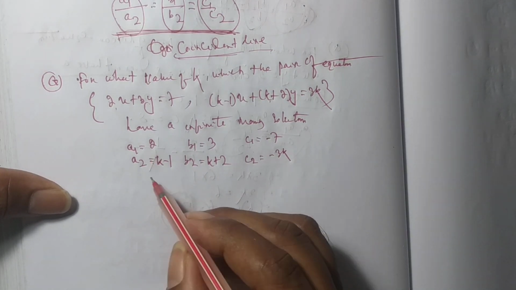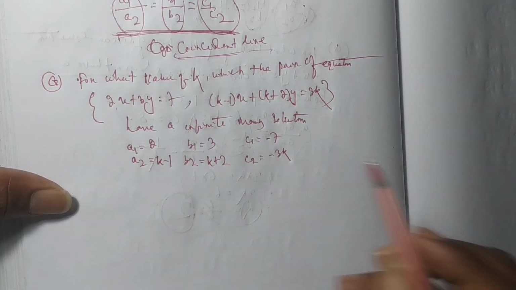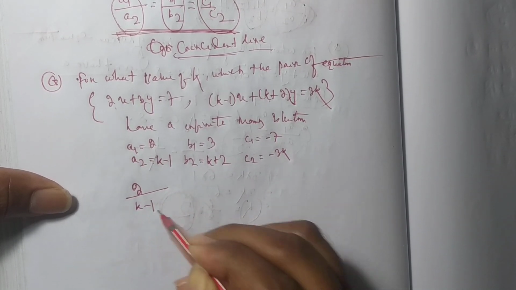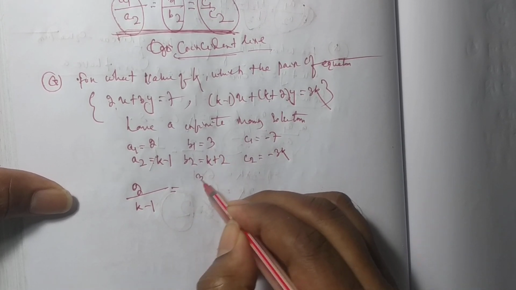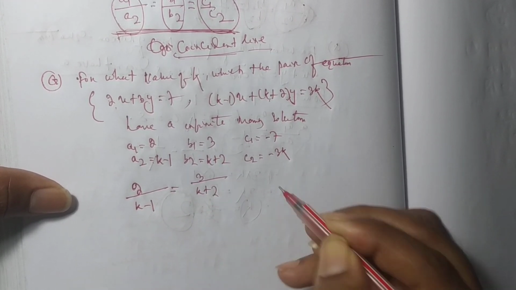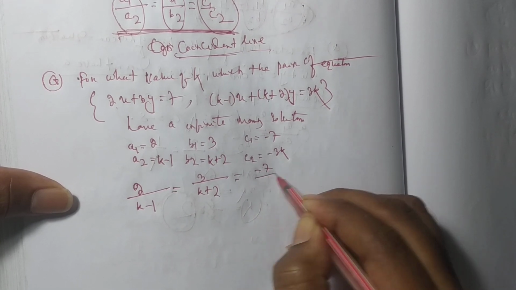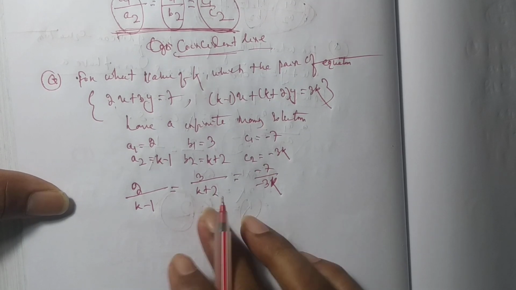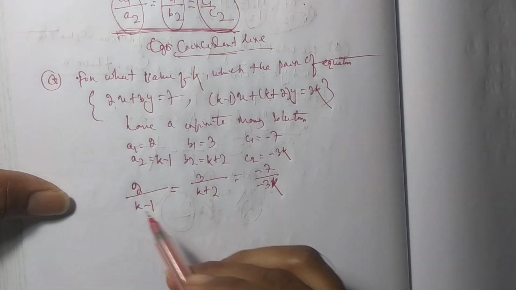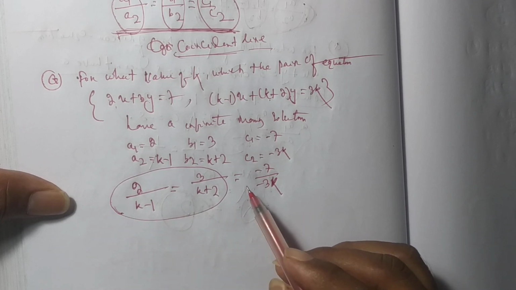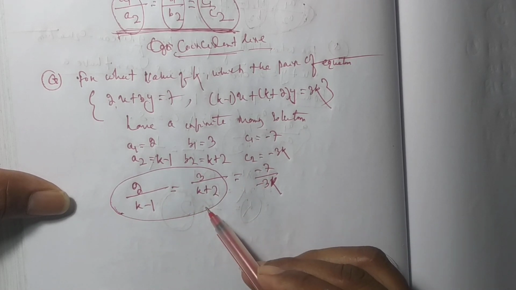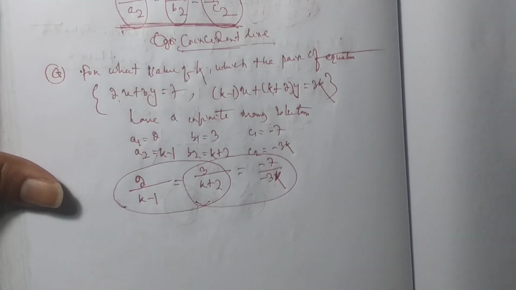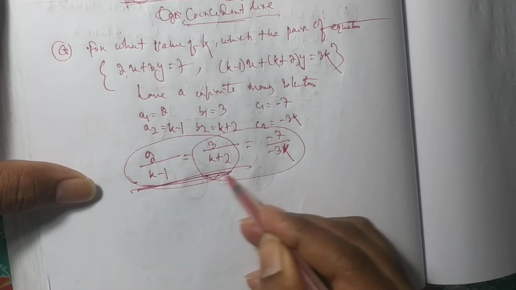Now I am comparing: a1 by a2, 2 by k minus 1, equal to b1 by b2, 3 by k plus 2, equal to c1 by c2, minus 7 by minus 3k. If I compare one pair properly, the answer will come; we need not go to the second comparison. First I will compare this.